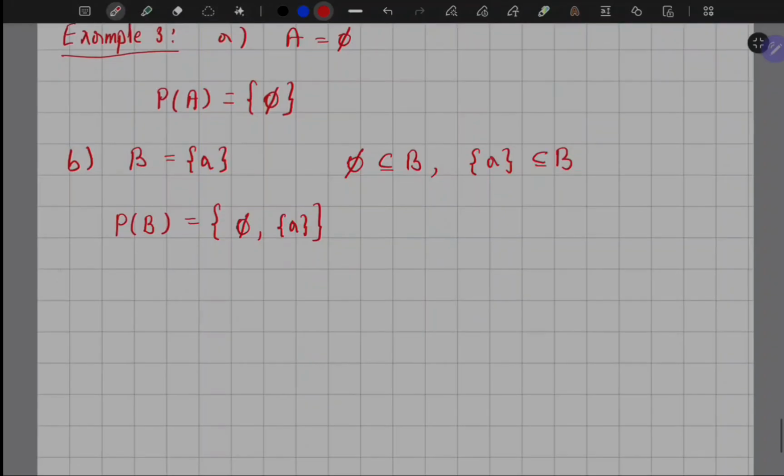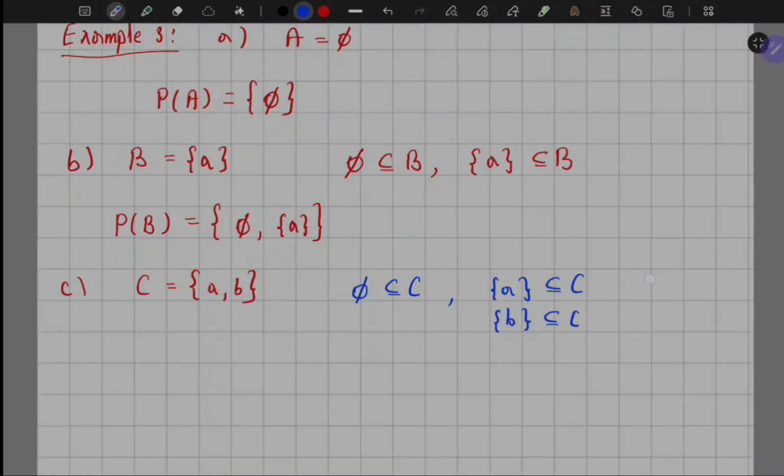Let's continue with part C. In part C, we are given a set C which contains elements A and B. Here, we know that the empty set is a subset of C. Also, a set which contains only the element A is a subset of C, as well as we can write {B}.